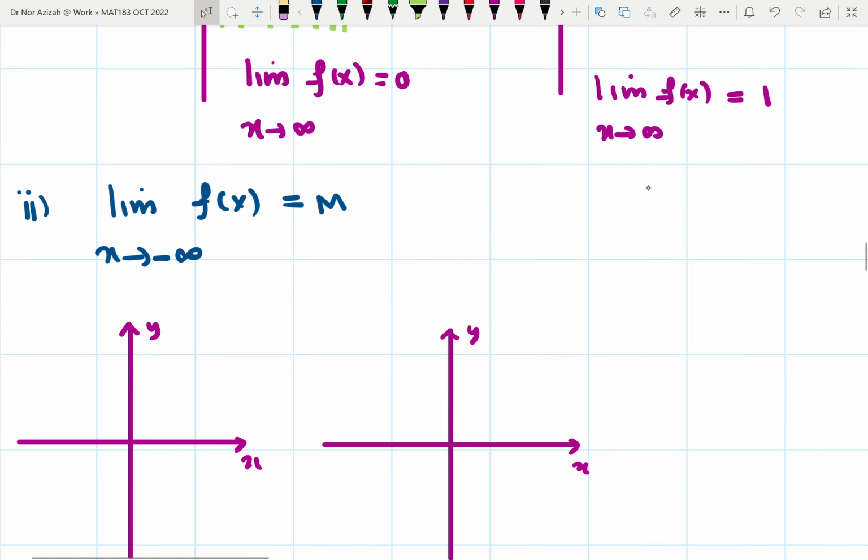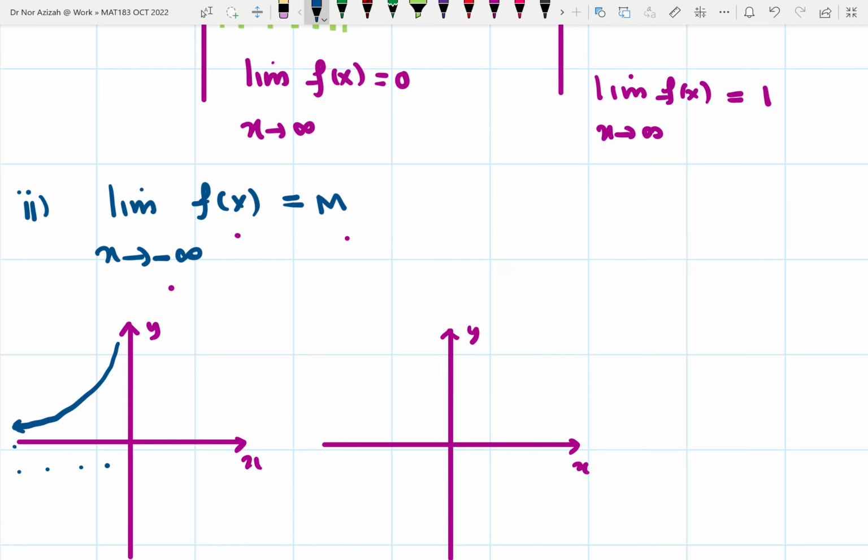The limit of f(x) when x goes to negative infinity, the answer is m. When x goes to infinity, you can draw a curve here or a curve here. So x goes to infinity because of that here and here, and then it goes to infinity. So equals n. N is the value.